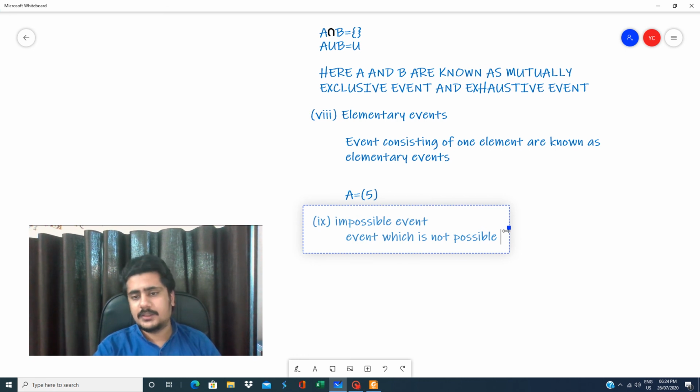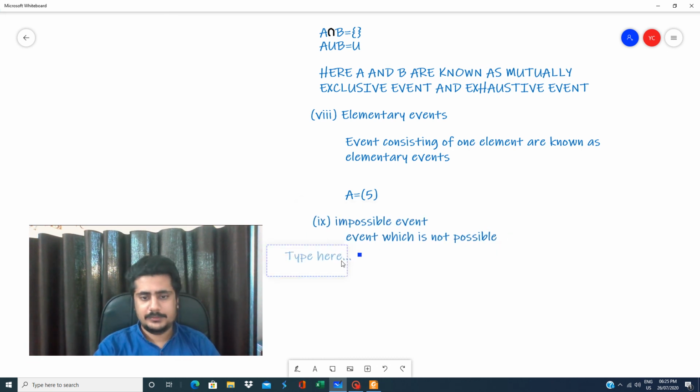If you say it rises in west, not possible. There are many examples which are not possible. If you throw a dice, you cannot get number 8 because there is no number 8 in dice. Event which is not possible is known as impossible event. And impossible event means null set.